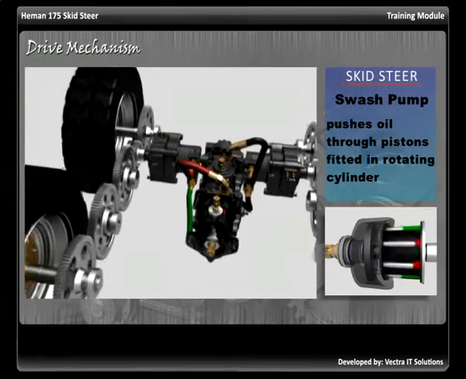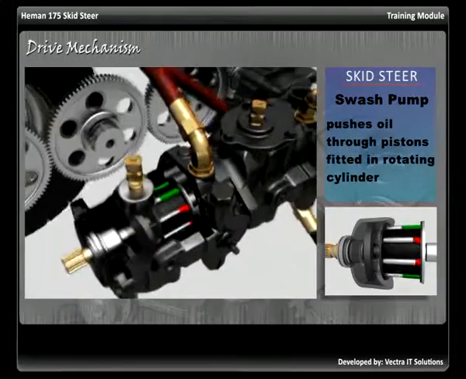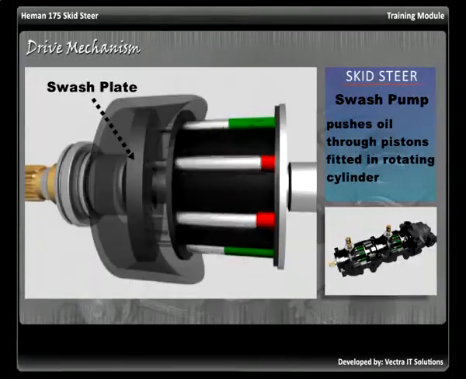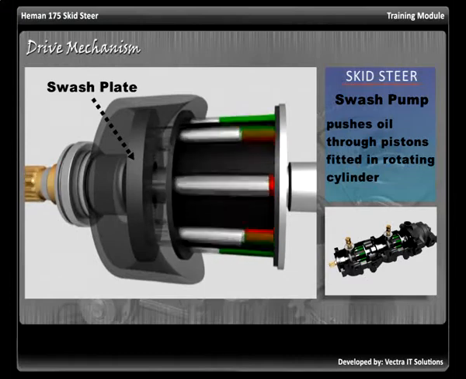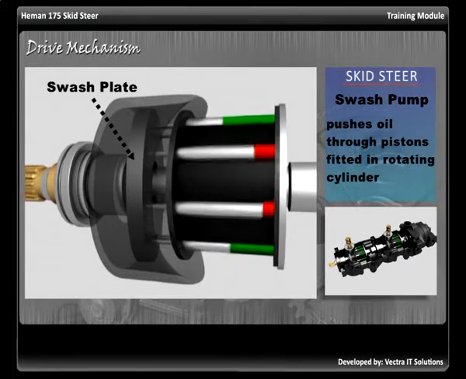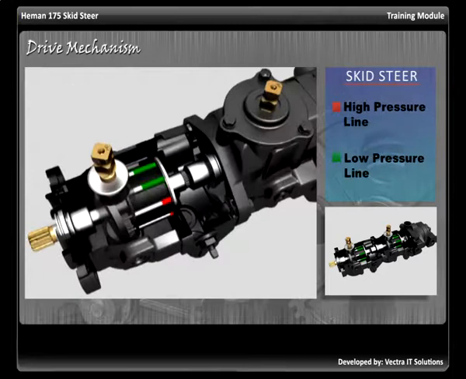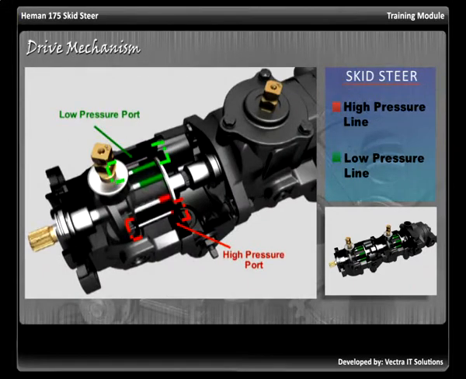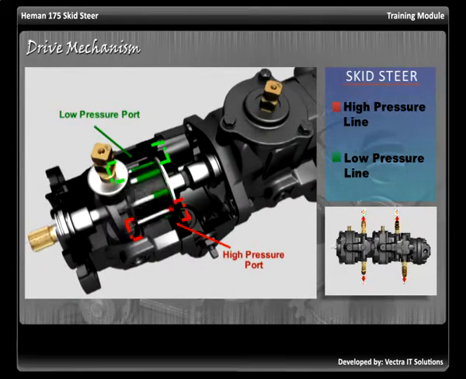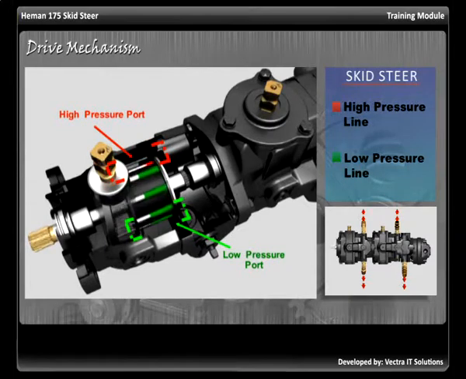Swash plate pump has a rotating cylinder containing pistons. The pistons get pushed according to the angle of the swash plate. The pistons throw pressurized oil towards the two ports. The difference in the amount of push results in different pressure at each port.